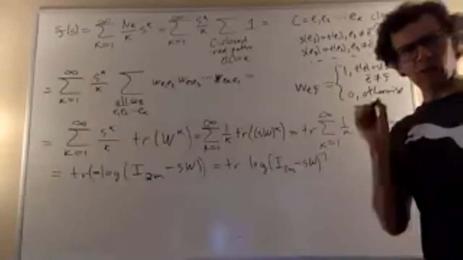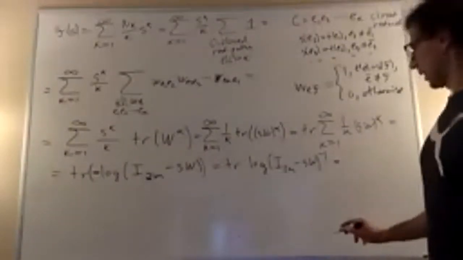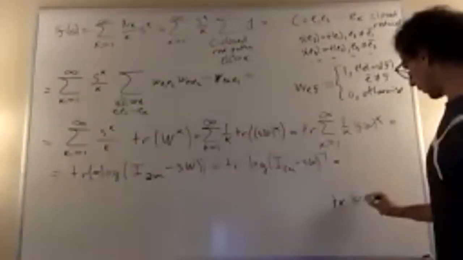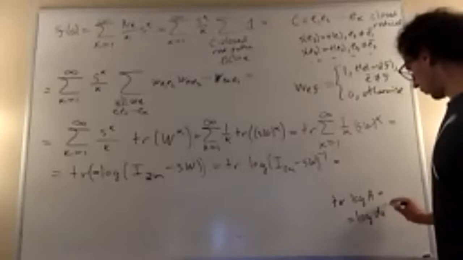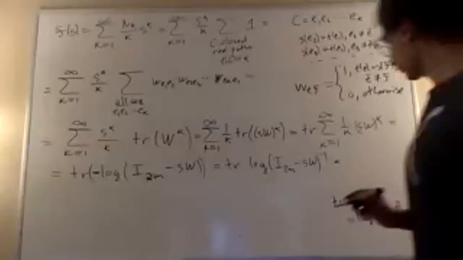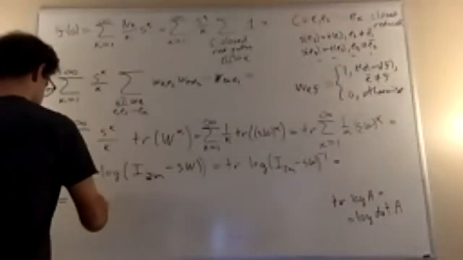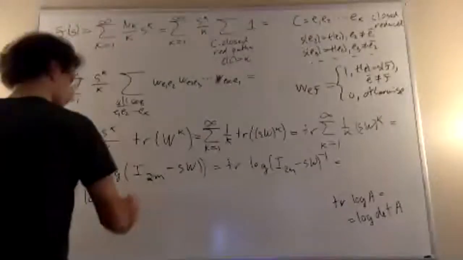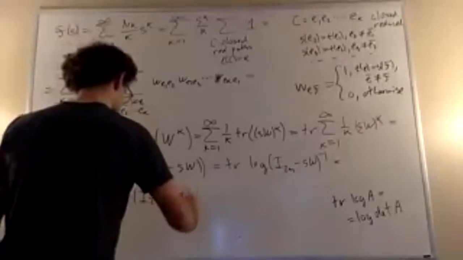Okay, and one last bit of advanced linear algebra that I'll have in this lecture. If you have the trace of the logarithm of a matrix, then that's the same thing as the logarithm of the determinant of the matrix. It's a nice little fact. And so, in other words, all of this is the logarithm of the determinant of (I_2m minus sW) inverted.